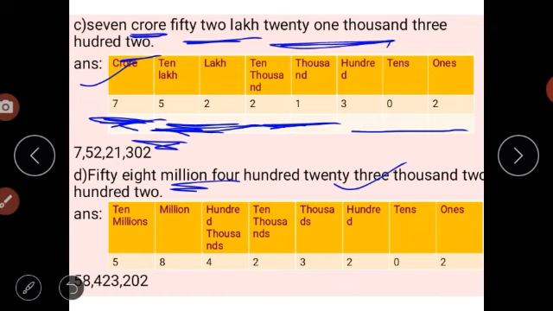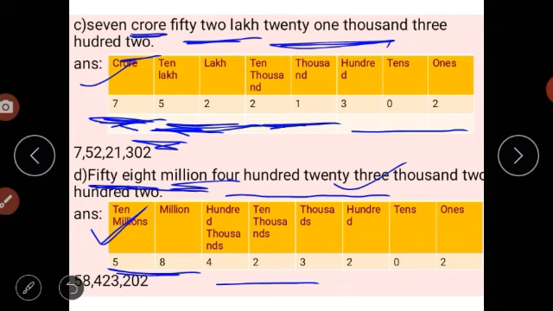So here the question is 58 million. So 58 millions comes under the category of 10 millions. That's why we have taken the values up to 10 millions. So what is the value here? First, 58 million. That's why in the place of millions, what have we written? 58. Next 423. So in the place of thousands, what will we write?